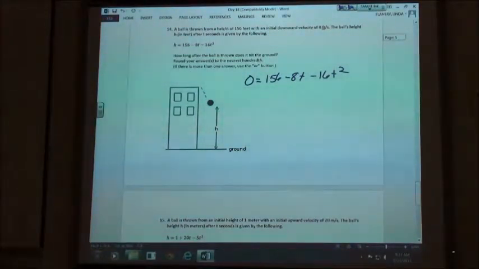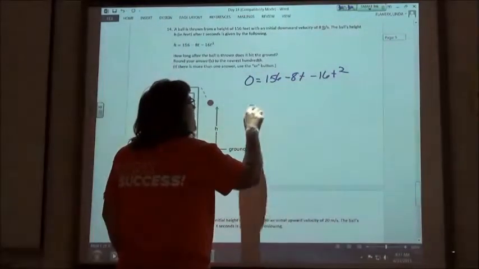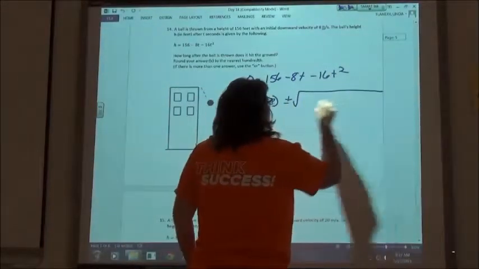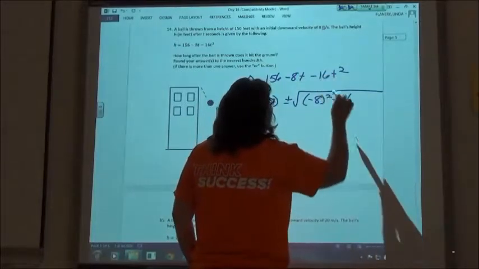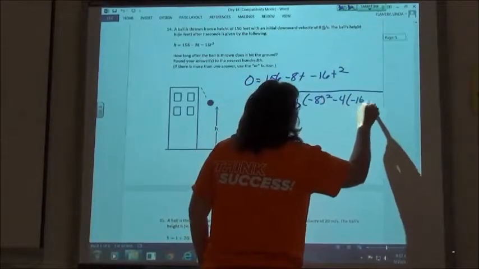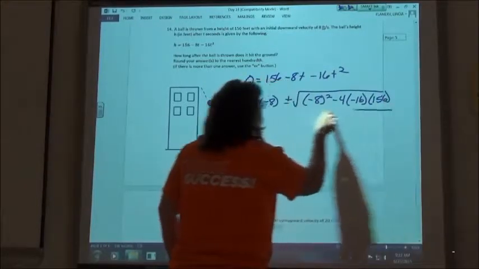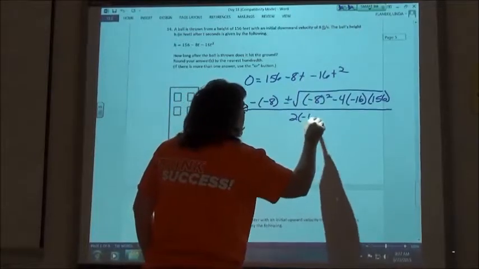This one, since it's already set equal to 0, we might as well just leave it in that order and plug it into our quadratic formula. So, minus our b value, plus or minus the square root of negative 8 squared minus 4 times the a value, which is negative 16, times the c value, which is 156, all over 2 times the a value, which is negative 16.